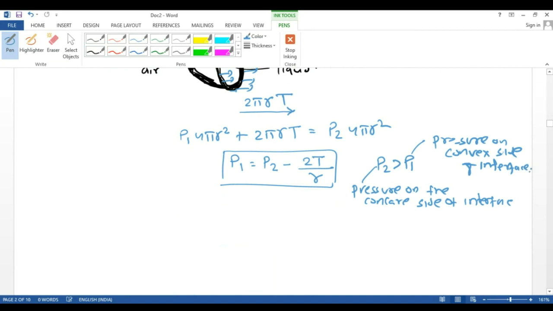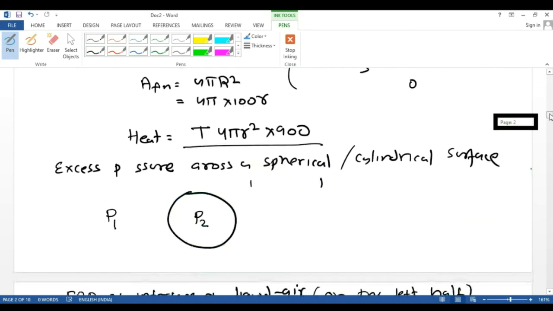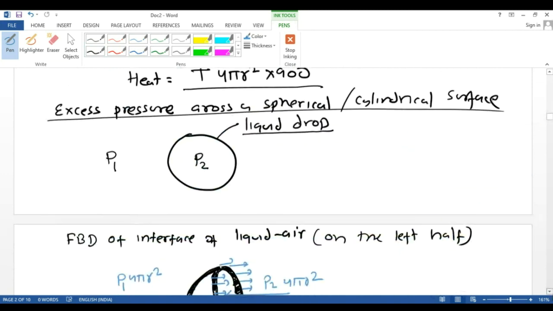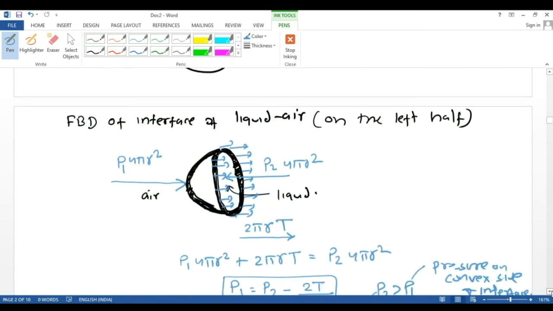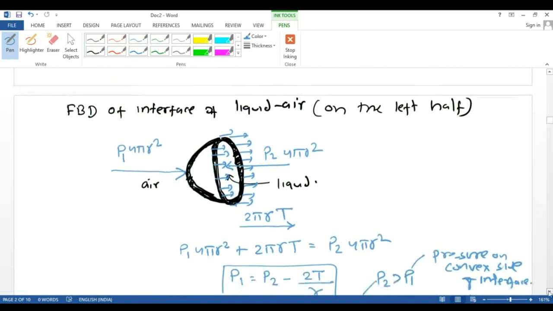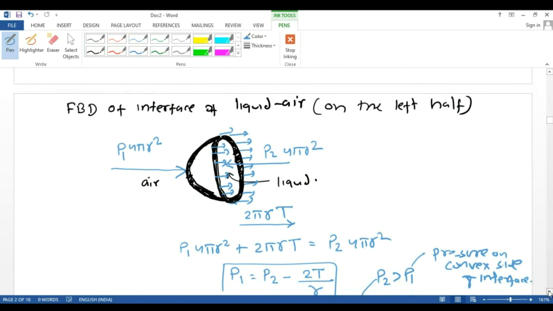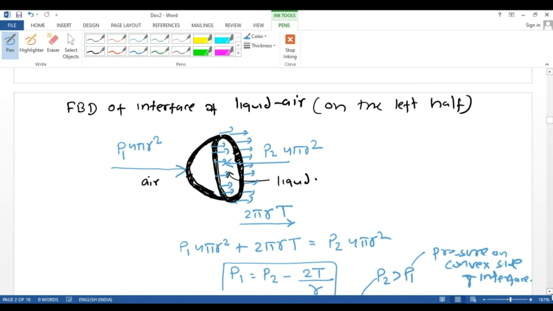It's important to understand that it's not that the pressure of liquid has to be more than the pressure of the gas. No. What we are doing is that the pressure on the concave side is more than the pressure on the convex side, because in the same problem, if I make a change and say that there is liquid outside and it's an air bubble inside the liquid, with liquid outside and air inside, nothing will change in this entire calculation. We'll still get P1 less than P2.